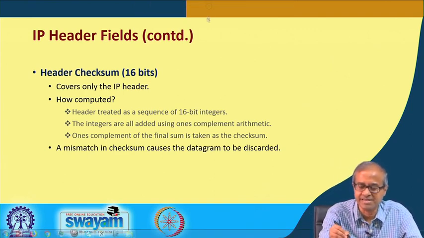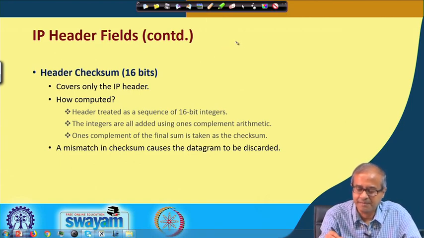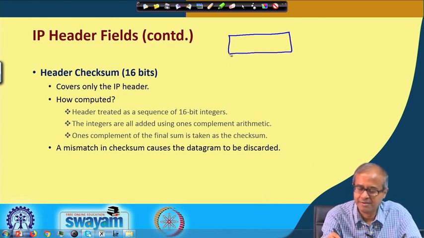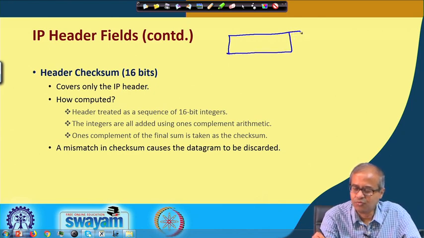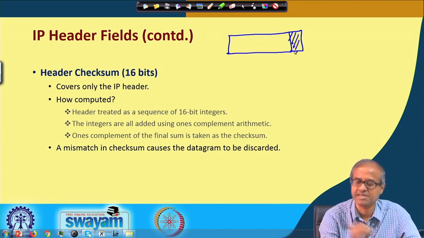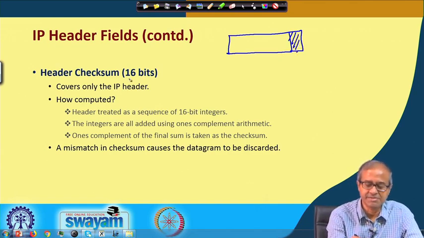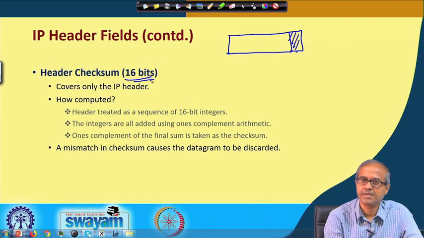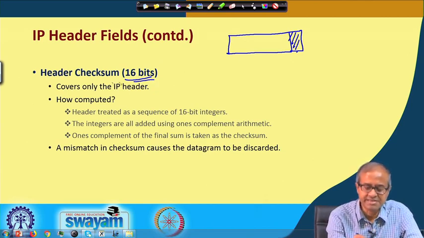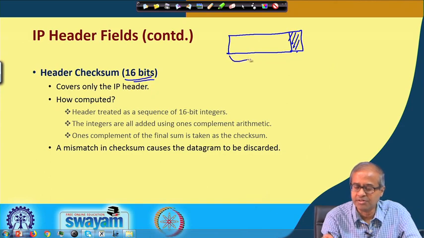The idea is like this: suppose you have the header and you have one field in the header, this is the checksum. Checksum is a 16-bit field. So, how do you calculate the 16-bit field? This checksum is computed only on the header.